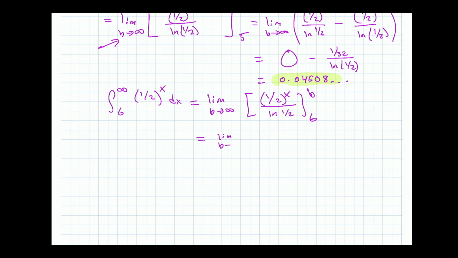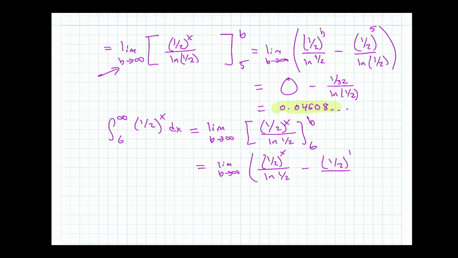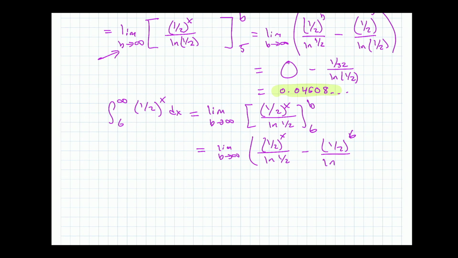So you have a limit as b goes to infinity of 1/2 to the x over ln 1/2, minus 1/2 to the 6 over ln 1/2. So you do that integral, and it's going to come up almost the same, but it's going to be 1 over 64 over ln 1/2. So it's going to be literally half the size of the other one.